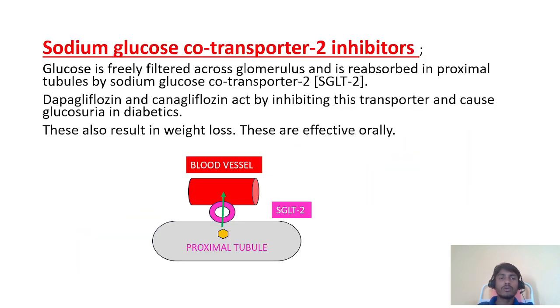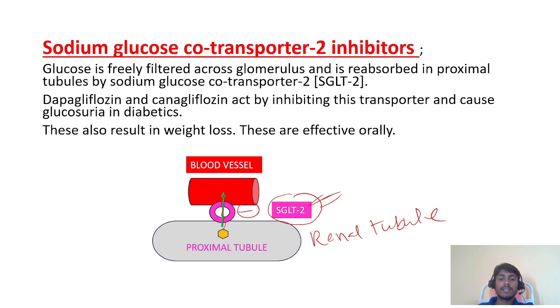Next, sodium glucose cotransporter. This is the renal tubule, and this is the blood vessel. In between is SGLT2, sodium glucose cotransporter 2. By this, glucose is reabsorbed into the blood vessel.